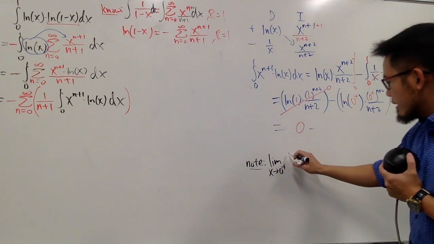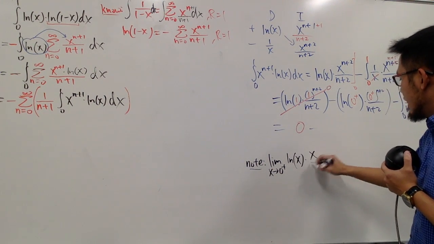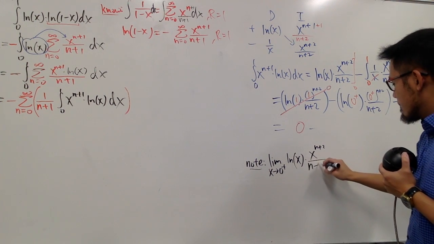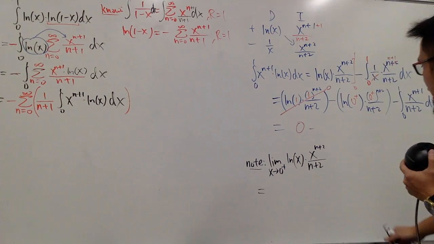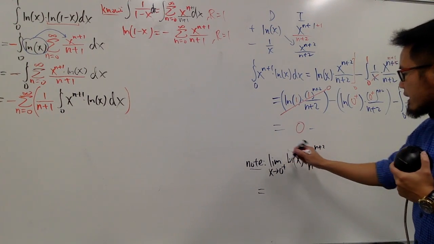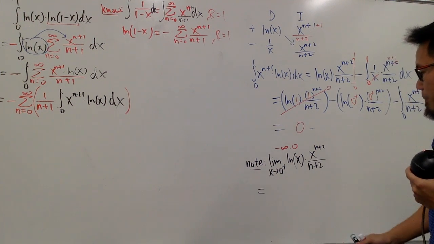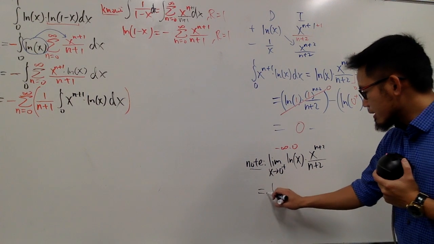And then you have to look at this expression, ln of x times x to the n plus 2 power over n plus 2, okay? So we have to work this out real quick. And of course, let's clean this up because this is a negative infinity times 0 situation. So what I'm going to do is bring the n plus 2 to the front, so that doesn't bother us.